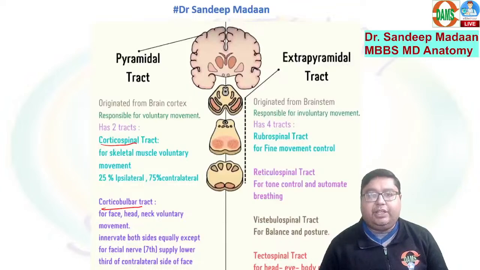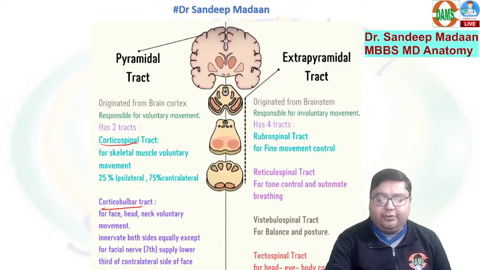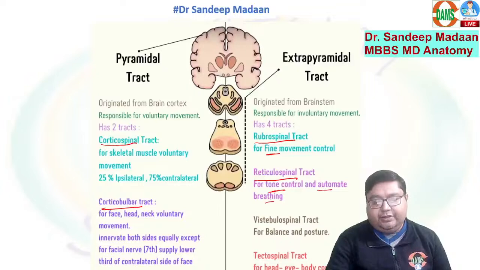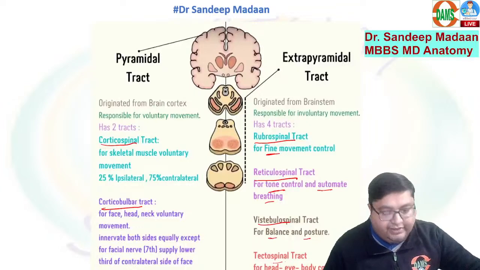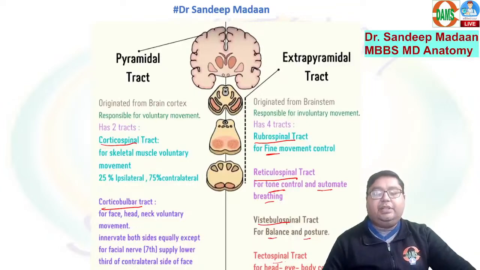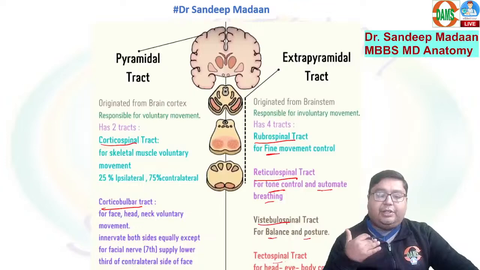Extrapyramidal, which is for the involuntary, has majorly four tracts: rubrospinal, which controls fine movement; reticulospinal, which controls the tone and automates the breathing process; vestibulospinal, balance and posture; tectospinal, head-eye body coordination. And where is the tectum, dear friends? The tectum is the dorsal part of the midbrain.